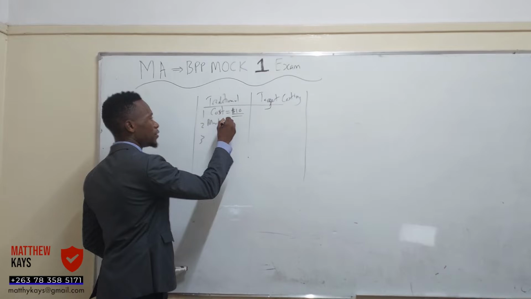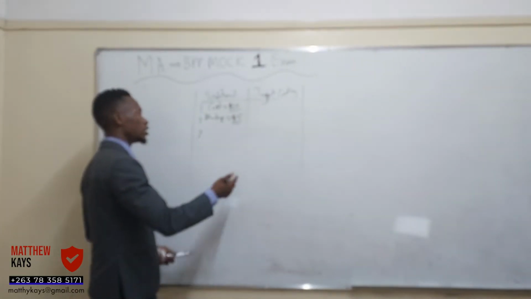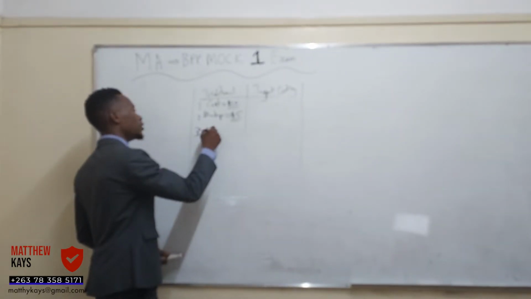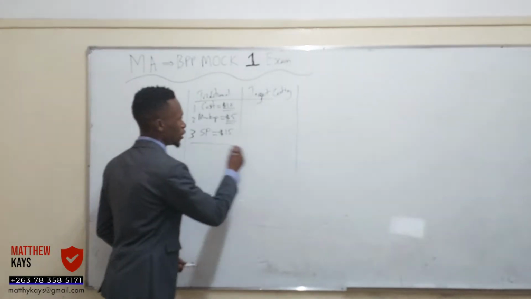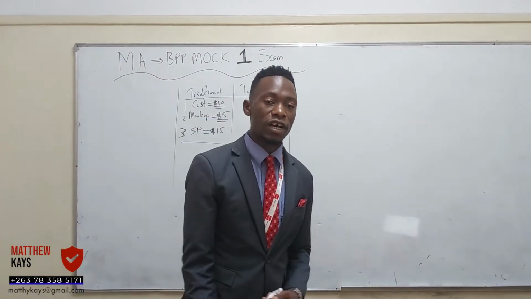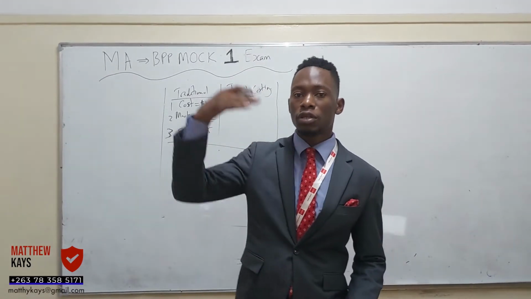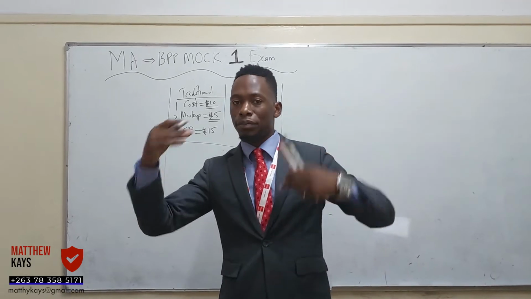What's the markup? Markup is the profit. Let's say you need to gain $5. If you want to gain $5 per unit sold, obviously you will sell your product at $15. So the traditional method is fine in the sense that there is no way you will make a loss, because even if the cost is high, even if the cost is $15, you will charge a price above the cost.